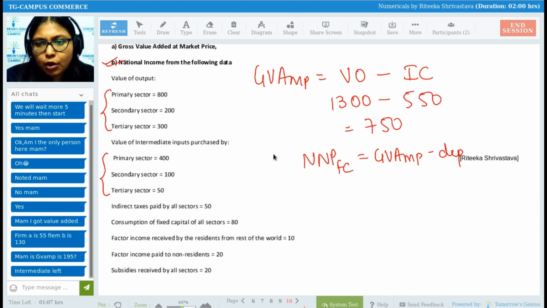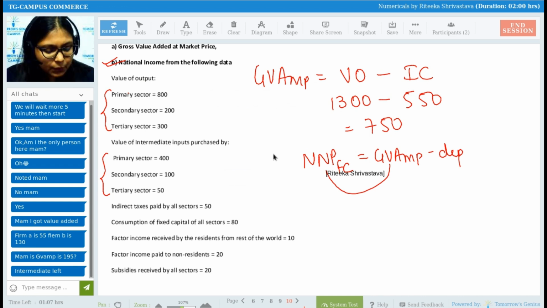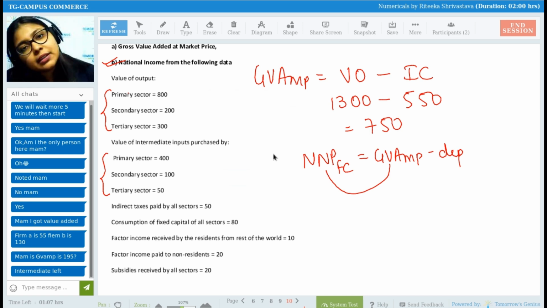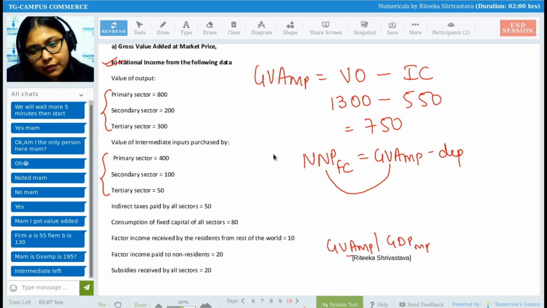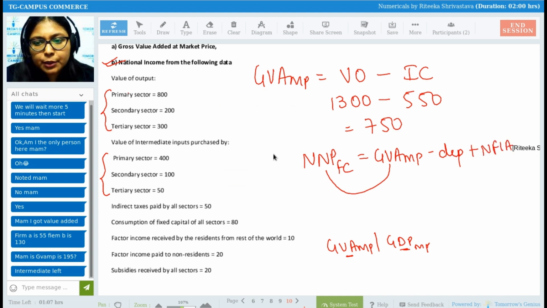Then from domestic to national: GVA is nothing but domestic. That is why I said GVAMP is also known as GDPMP. Here VA means DP, one and the same thing. So domestic to national, what do we do? Plus NFI. Then from MP to FC, minus NIT.